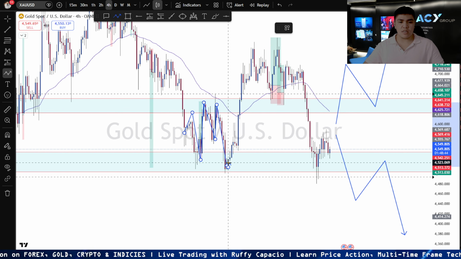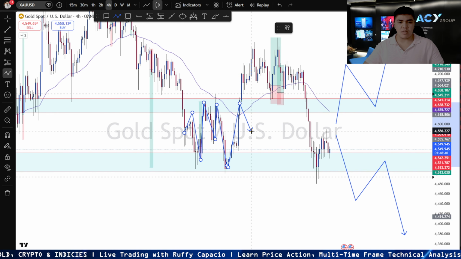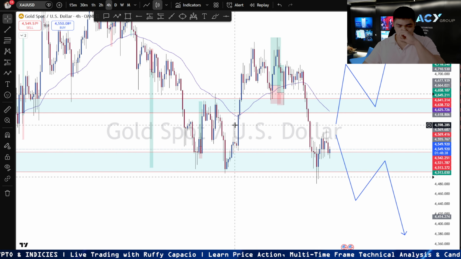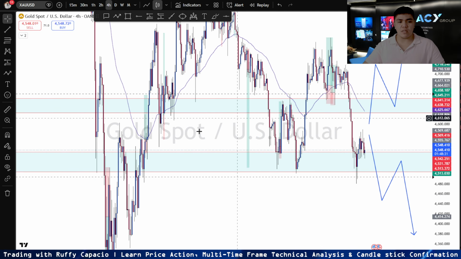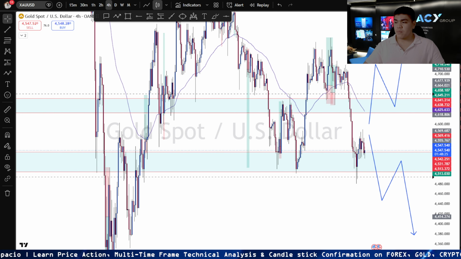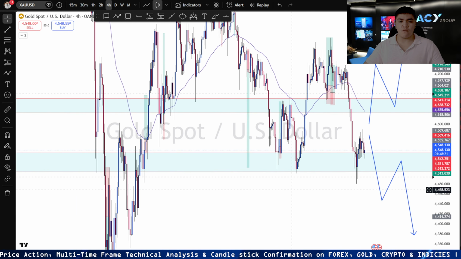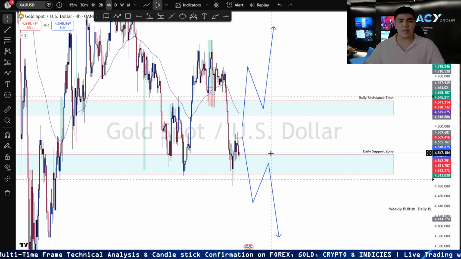Right after this, it approached the support zone and just went back to the upside. Now, we should not force our trades by entering right exactly in this area on the spot. Possibly the best thing is to wait for the breakouts, whether the breakout of the daily resistance or of the daily support zone.